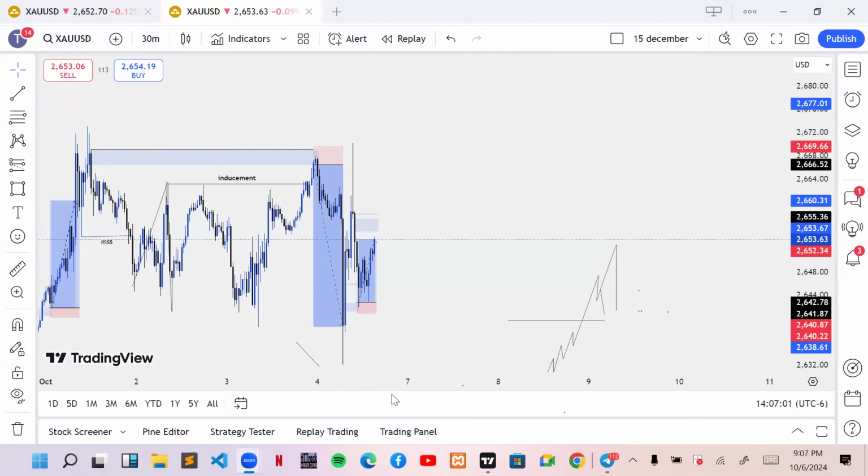You guys don't know what a beginner class is and what an advanced class is, because I don't understand why someone is asking me what a valid resistance level and a valid support level is. This is a beginner class. Someone is supposed to be asking questions regarding inducement, market structure, and this thing. This is not a class for beginners.